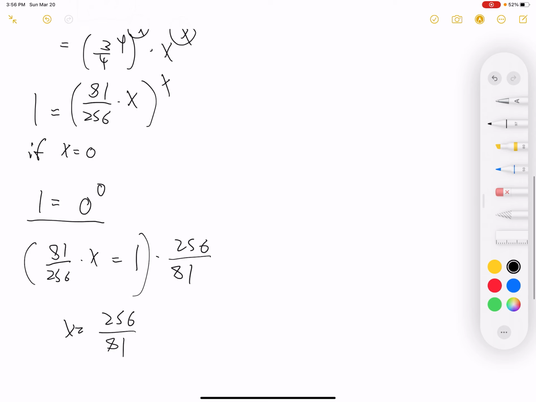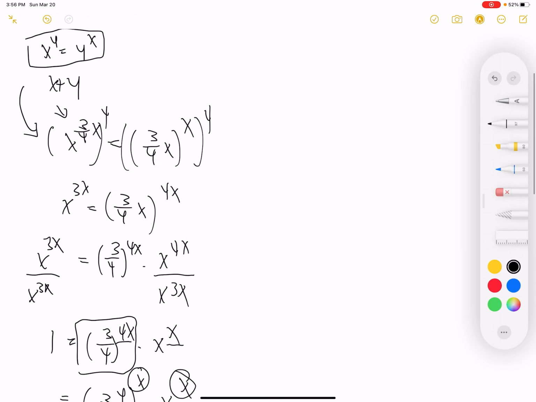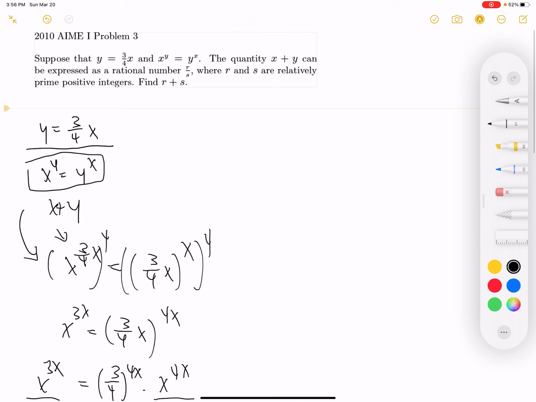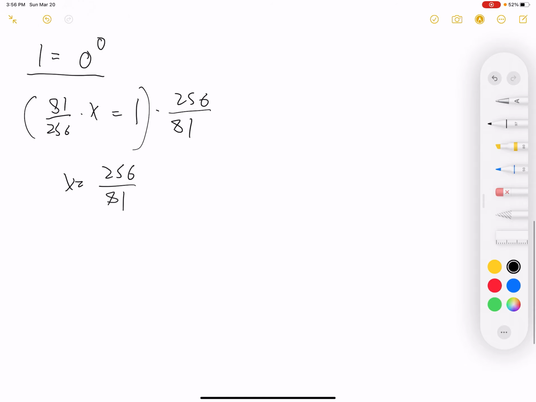Nice. Now, since we found our x value, we need to find our y value. And remember from the beginning of the problem that y equals 3/4 of x. I'll highlight it here again. So in order to find x plus y, which is what we're trying to find, the answer x plus y is simply equal to 256 over 81 plus 3/4 of 256 over 81.